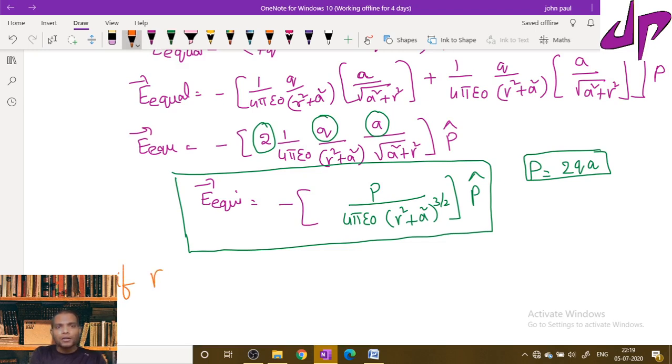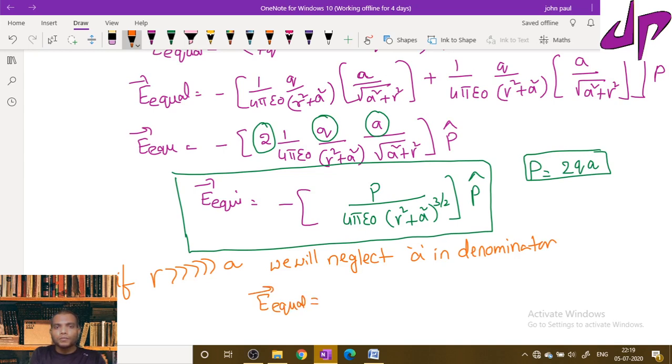If you take r, the equatorial point, to be very much greater than the distance a, we will neglect a in the denominator. Therefore, the electric field due to the equatorial point is negative of P upon 4 pi epsilon naught r square whole power 3 by 2.